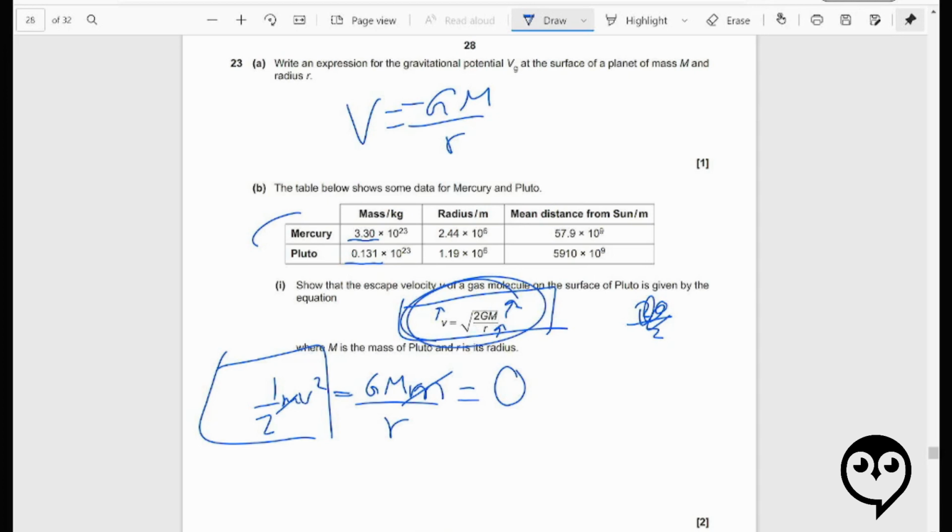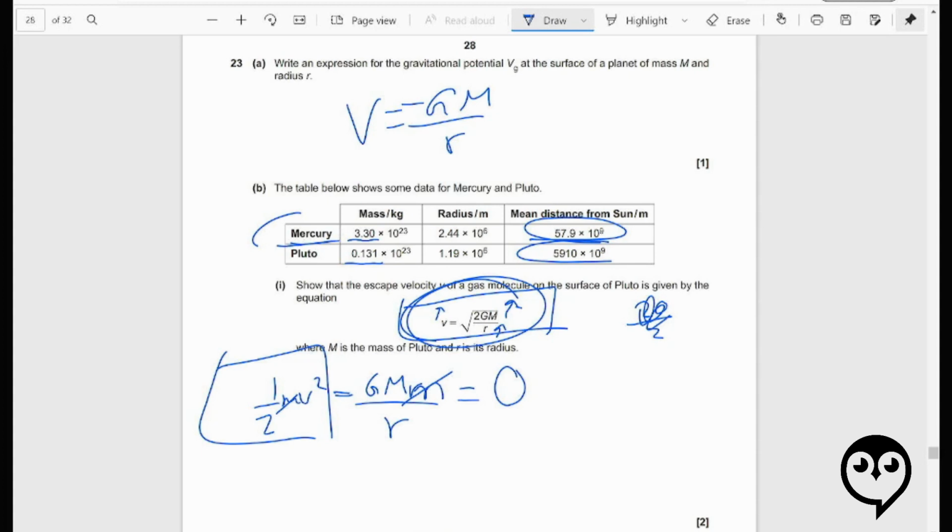What is the real big deal? The big deal is that Mercury and Pluto, we see Pluto is about 100 times further away. So it's not so much about what the escape velocity of the planet Mercury or Pluto is, but also how much energy. Mercury here is the hottest or second hottest planet in the solar system.